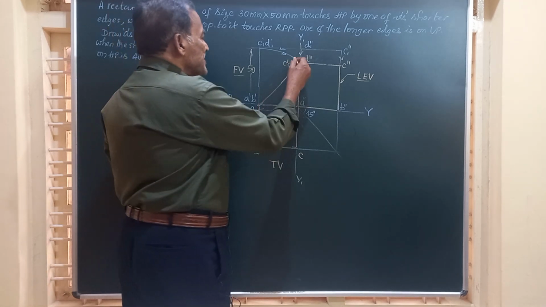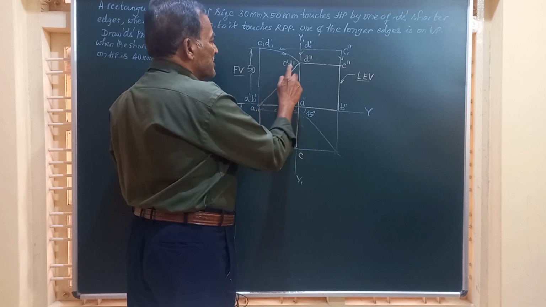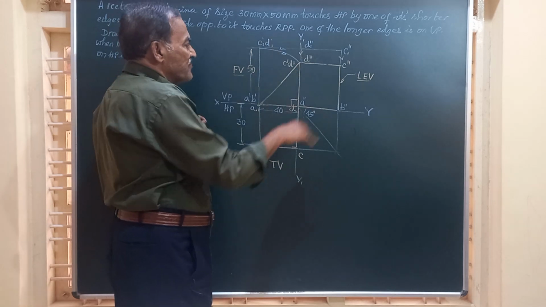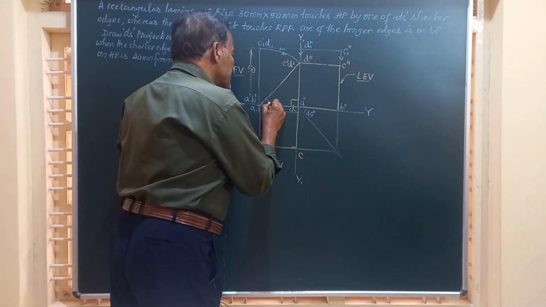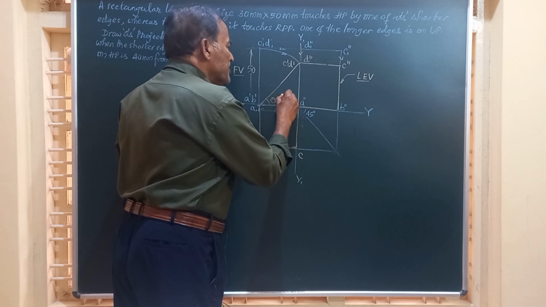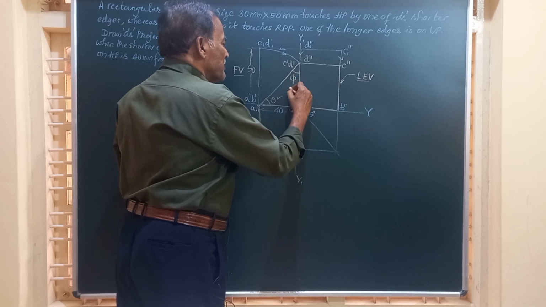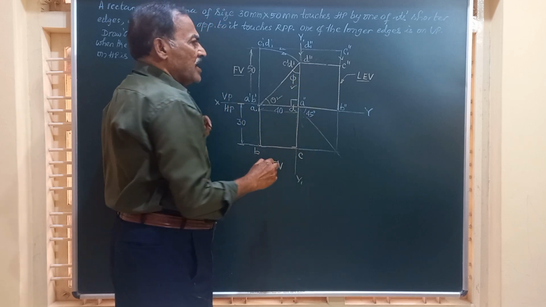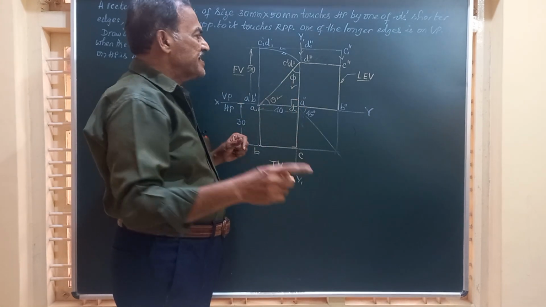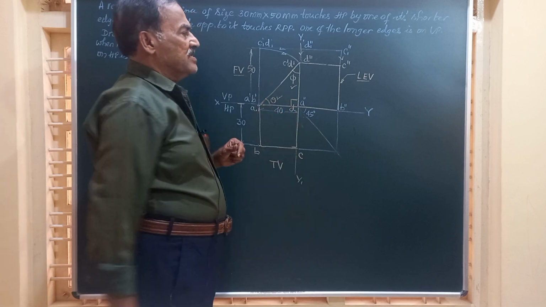So friends, this line which I have shown here, that is A dash, B dash, C dash, D dash, represents the surface of the lamina, which is inclined at an angle of theta degrees with HP. It makes an angle phi with VP, and both can be measured. And you know very well, theta plus phi is equal to 90 degrees, because in this triangle this is a right angle.